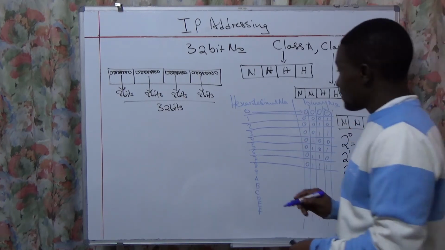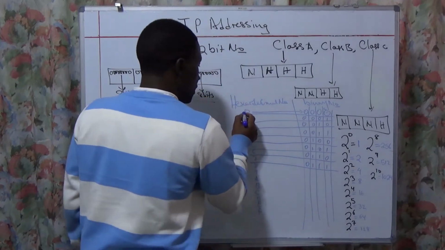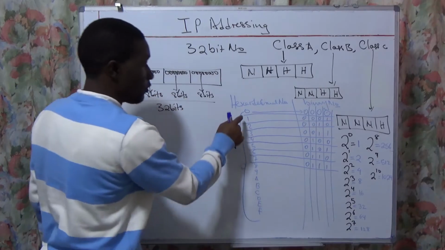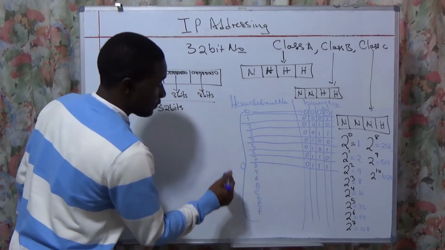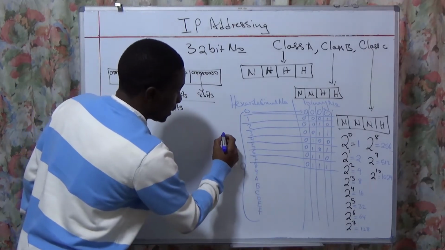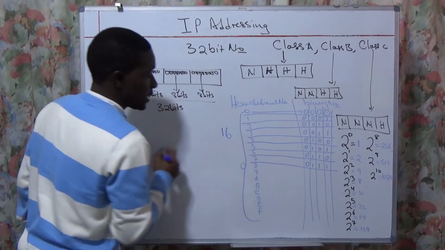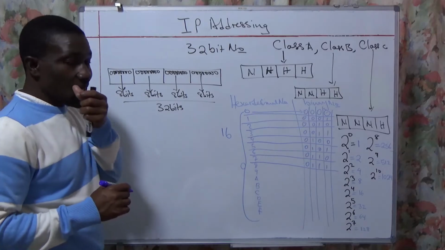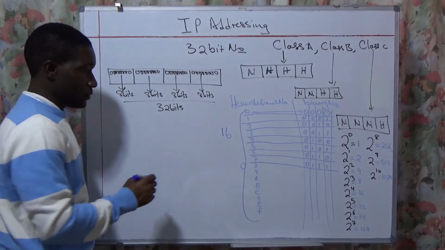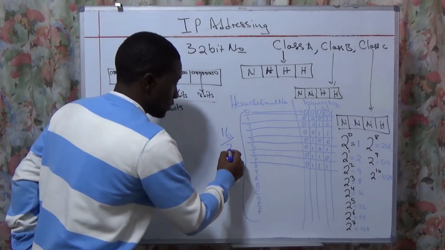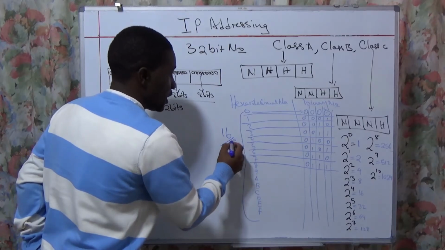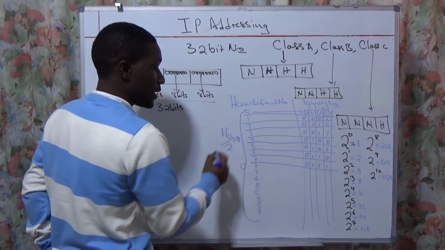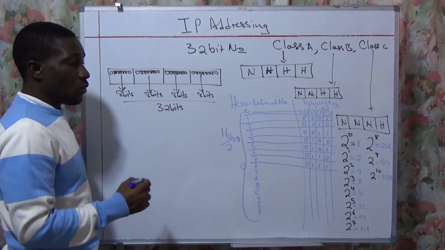But here, if we compute from 0 to F, we get 16. So, what is 16 divided by 2? 16 divided by 2 will equate to 8. What does that mean?